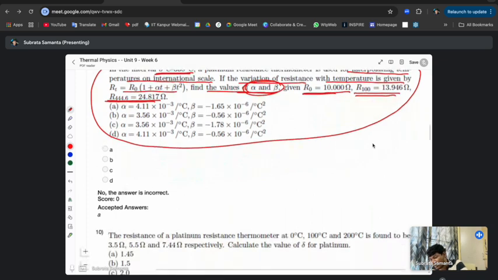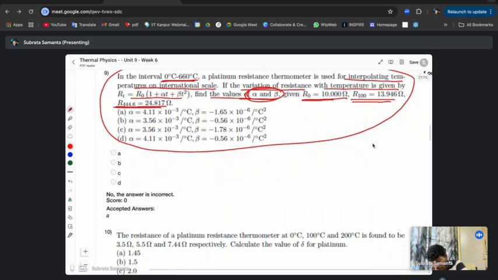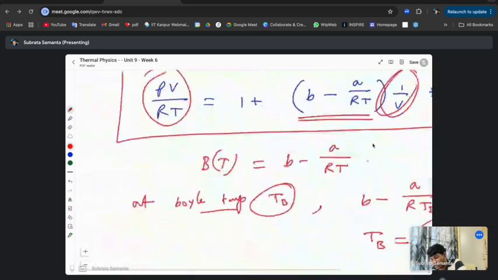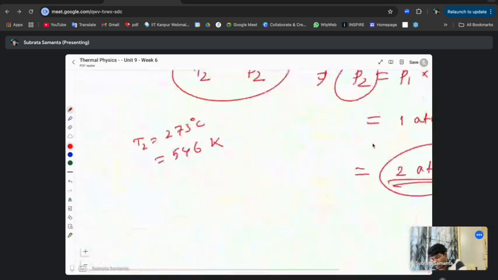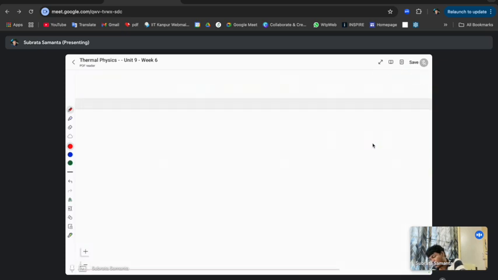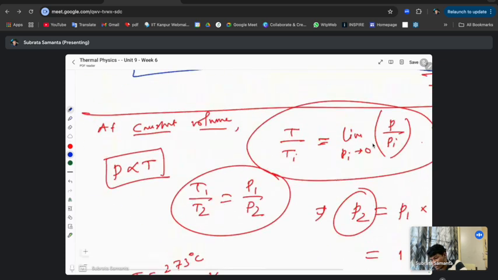So what is given in the problem? First, note down the given. Problem number 9. At temperature T equals 0, R0 is given, it's 10 ohm.